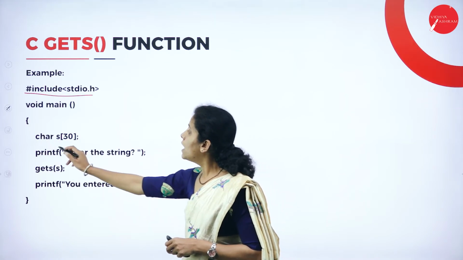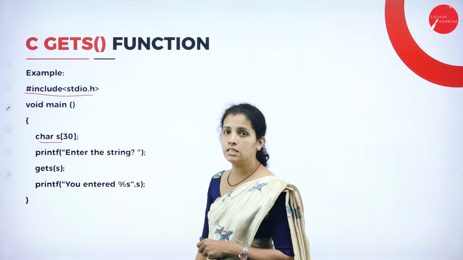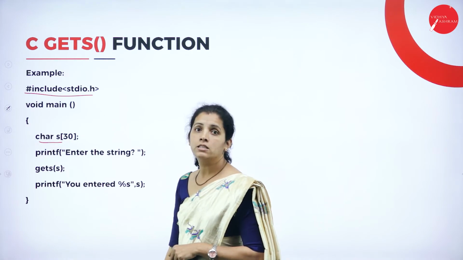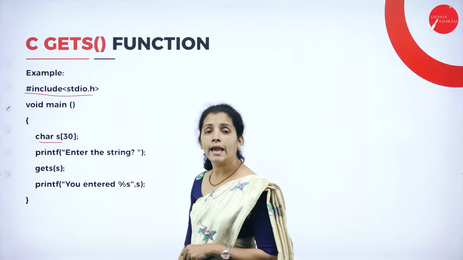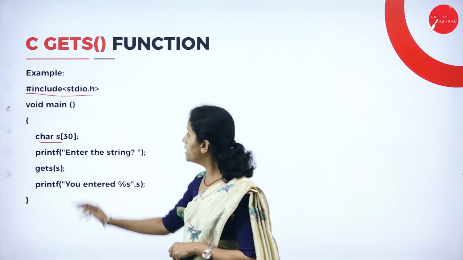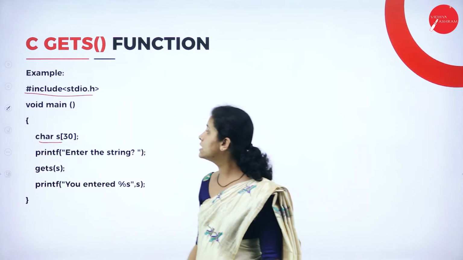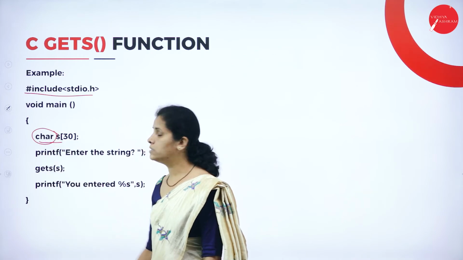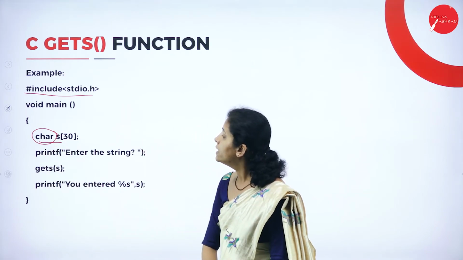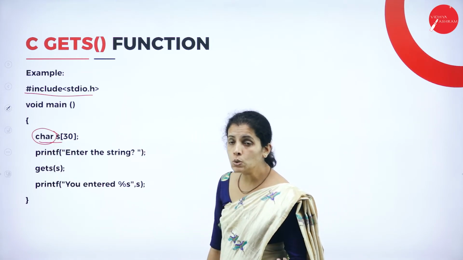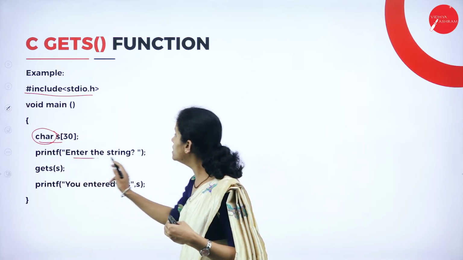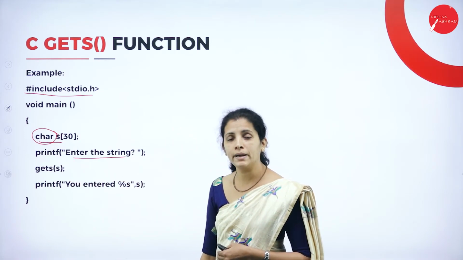Then I want to read the string. So what is my string size? It is an array of characters, and how many characters? 30. And what is my data type here? It is char. Now I'm going to display the message to the user to enter the string by using a printf statement.